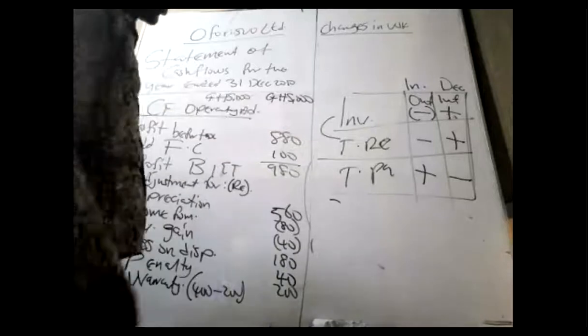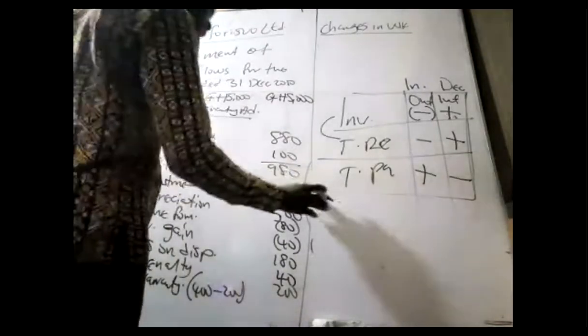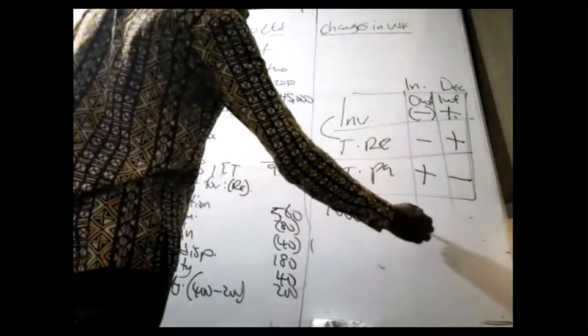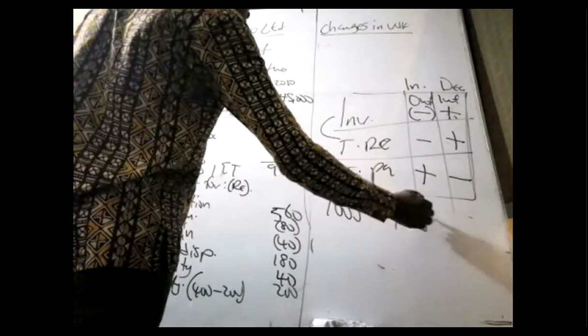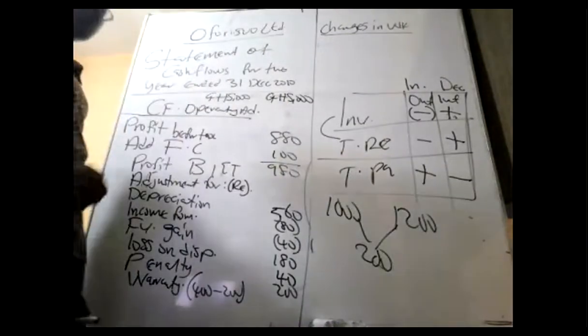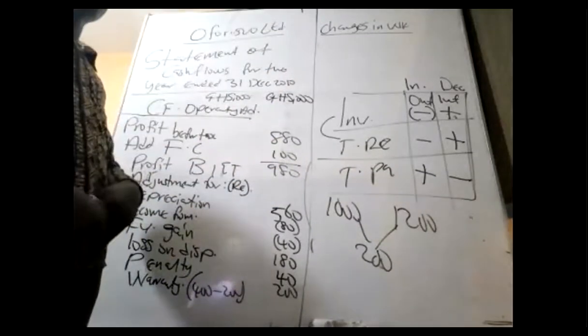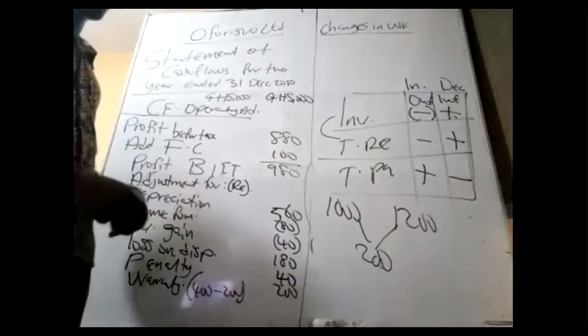Payable, people that we owe. At the start of the year, we owe them 1,000, at the end, we owe them 1,200. They have given us goods worth 200 that we're supposed to pay for. We are still holding on to the money, but we have enjoyed their goods.